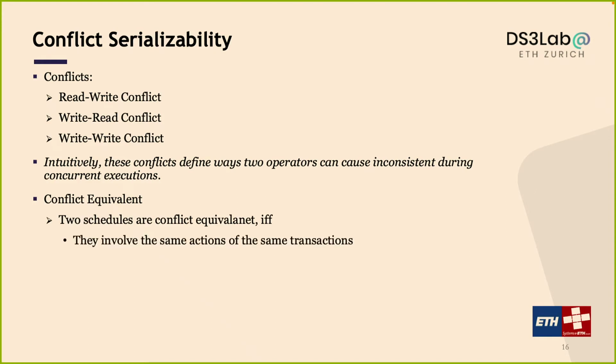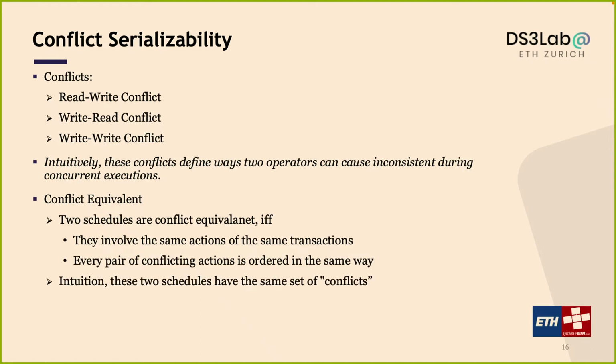First, they involve the same actions of the same transactions. Second, every pair of conflicting actions is ordered in the same way. If that is true, we say these two schedules are conflict equivalent.